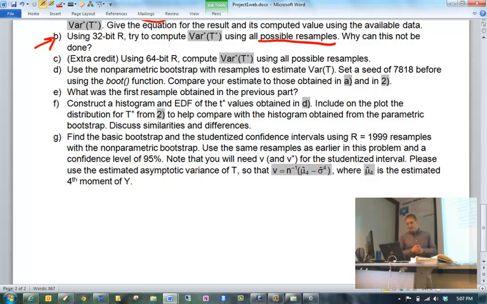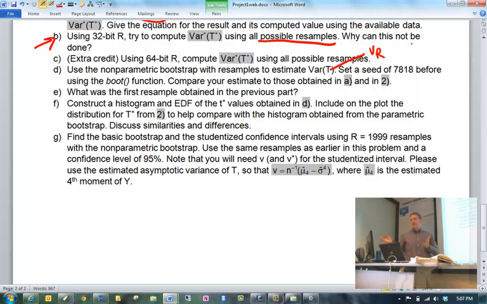Part D. Use the non-parametric bootstrap, actually taking resamples, to estimate var of t. So in other words, you are calculating little v subscript capital R. That's my estimate. You should think of the other notation equivalences for how that's represented.